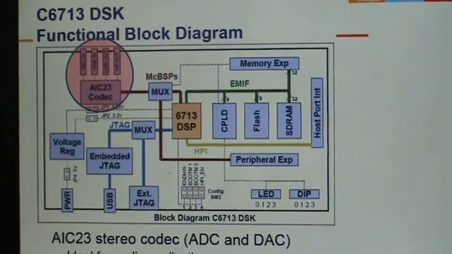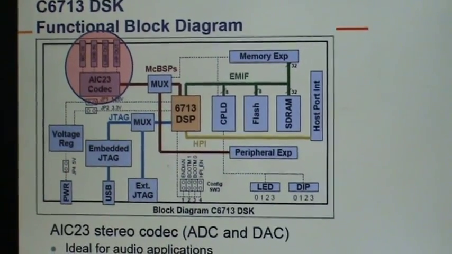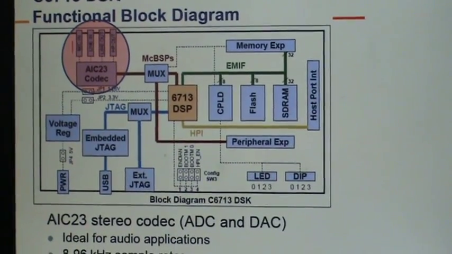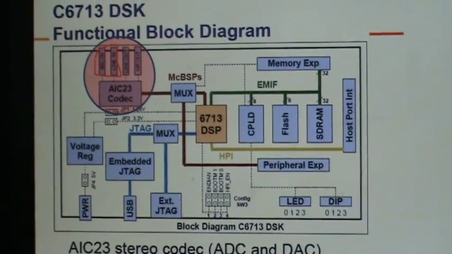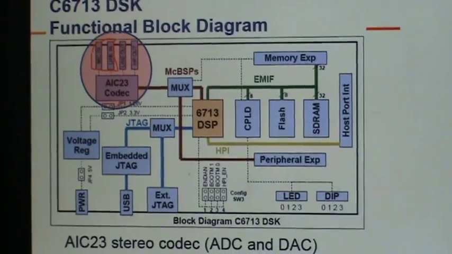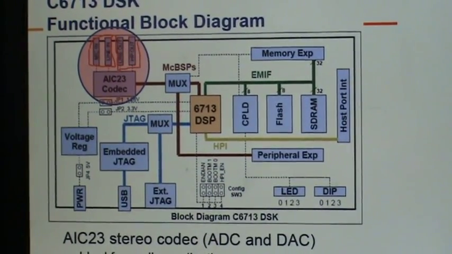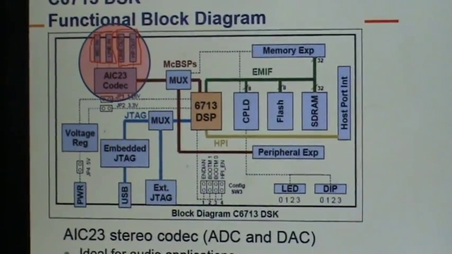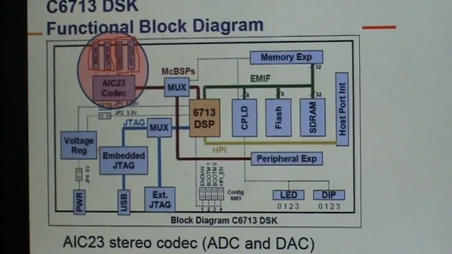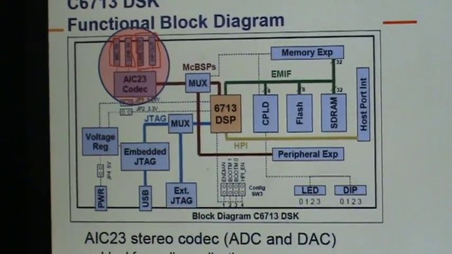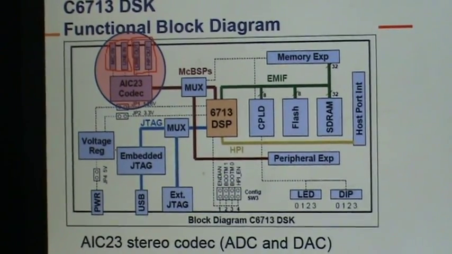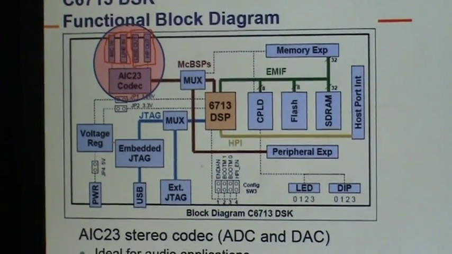So you can see here, this is mic in, line in, and these are the 2 output ports, mic out and line out. Using this you can give input, and using the line out or HP out you can take output.